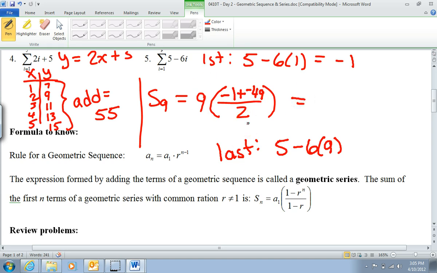And then just put that expression in your calculator. So typing in that expression is far faster than adding up 9 terms or 15 terms or 50 terms. If you understand the formula, it's much quicker to use the formula. So type that in your calculator though. 9 times 1 plus -49 over 2.